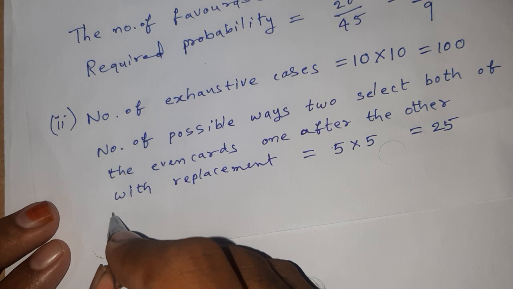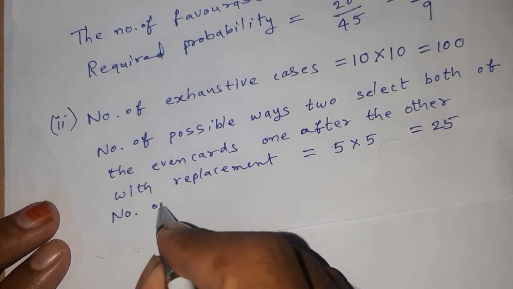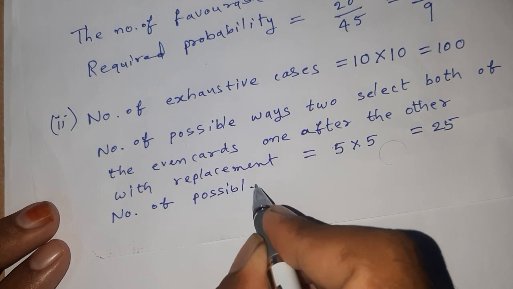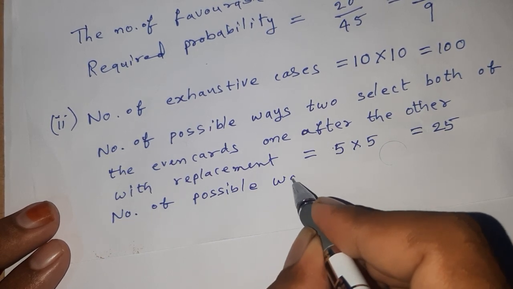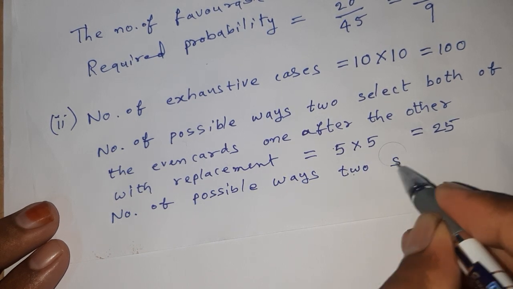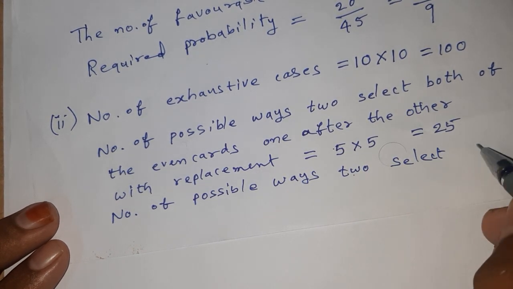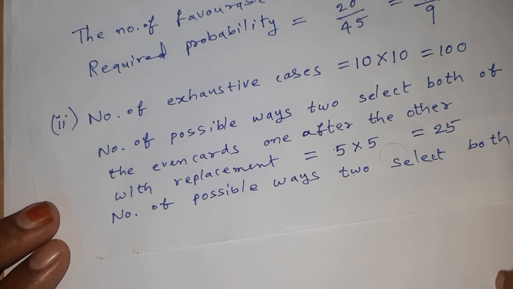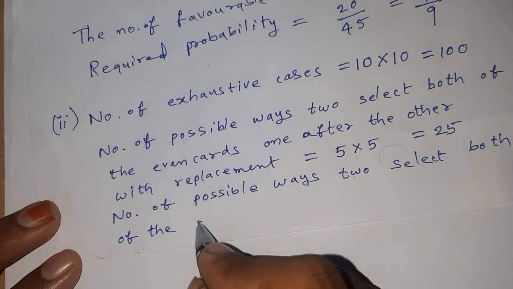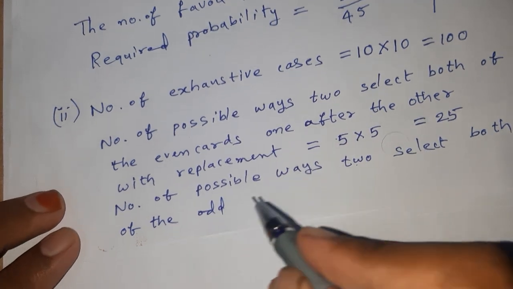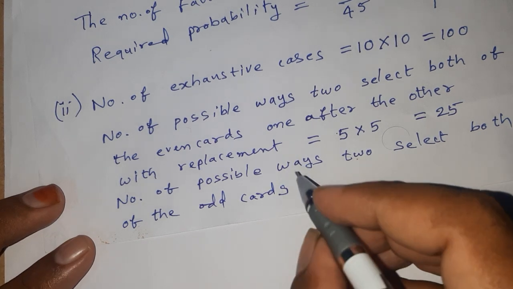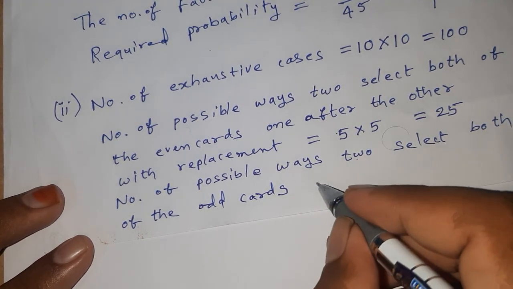Similarly, number of possible ways to select both of the odd chords to get an even sum, one after the other with replacement.